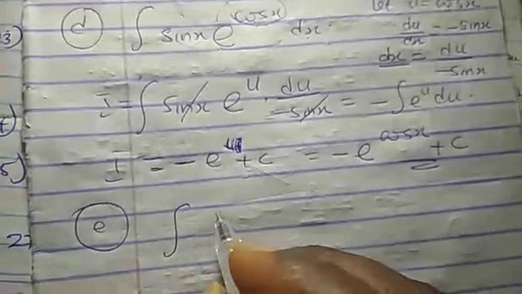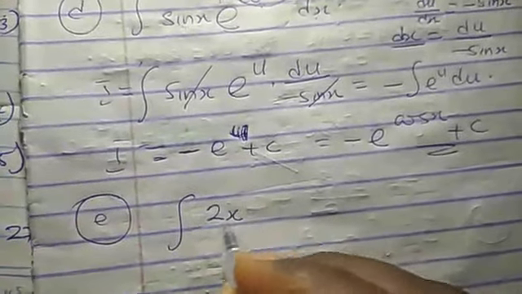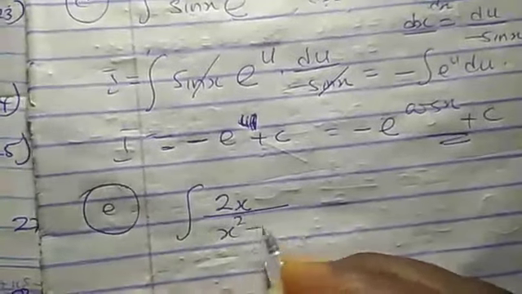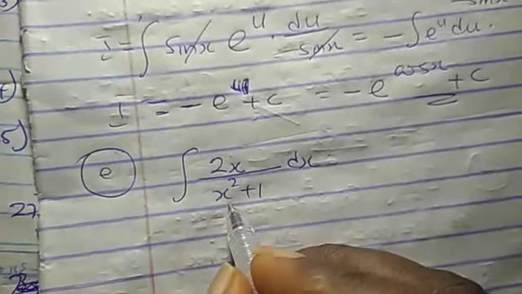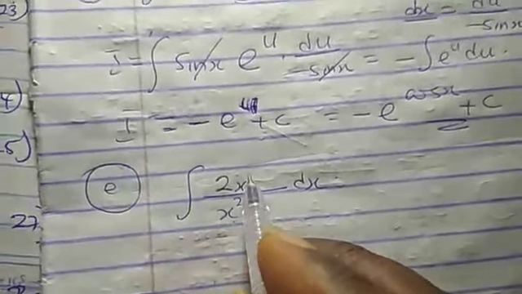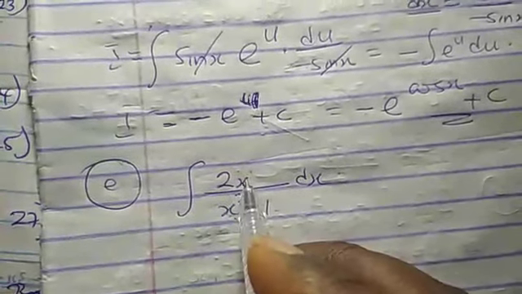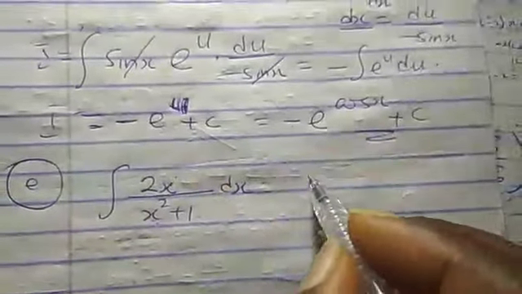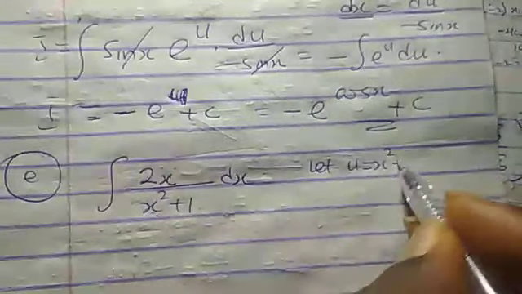Let's assume that we have this: 2x over x squared plus 1 dx. Observe that if you differentiate x squared, you are going to have 2x. If you differentiate x squared plus 1, you are going to have 2x. So in that case, I can say let u be x squared plus 1.